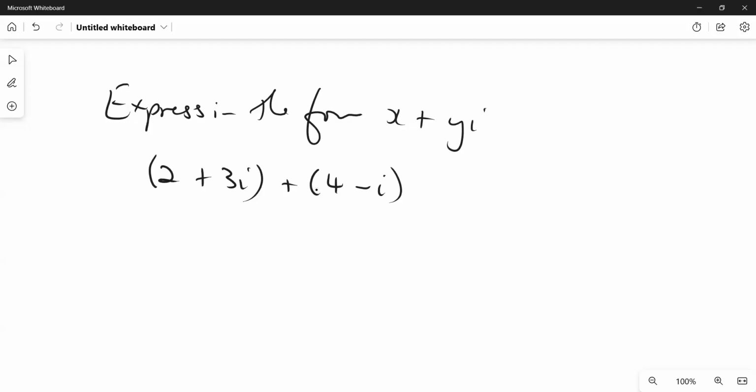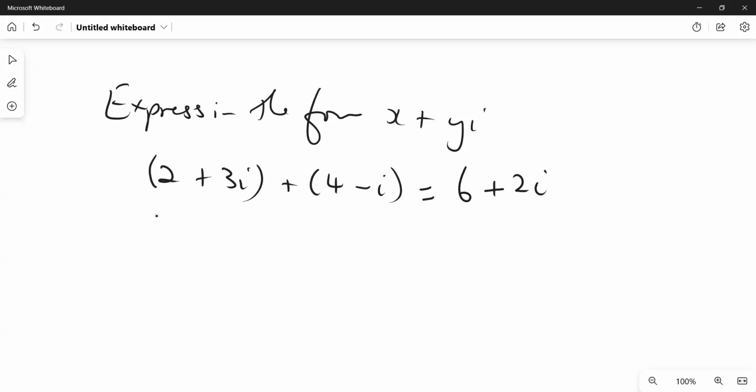So you simply add the real numbers and then you add the imaginary numbers, right? So you go with the 4 and the 2 is 6, and the 3i minus the i is going to give you 2i, right? Simple as that. Tell me if anybody is having any trouble with that sort of thing.